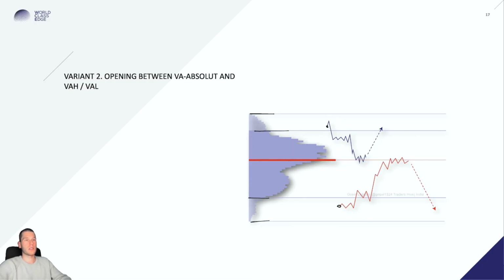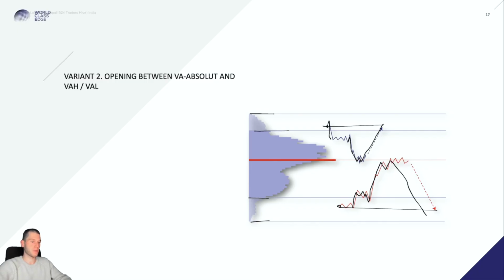Then the market enters the value area very fast, either from the top or the bottom, and spends some time in there. We wait until the market trades to the VPOC of the profile and then continues to the open. From the upside it also trades to the VPOC and then continues to the opening price. That is the second setup.